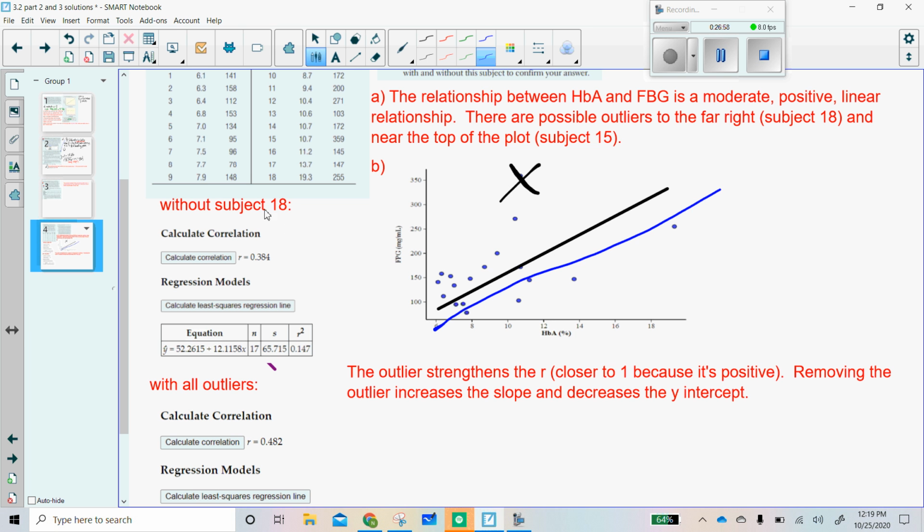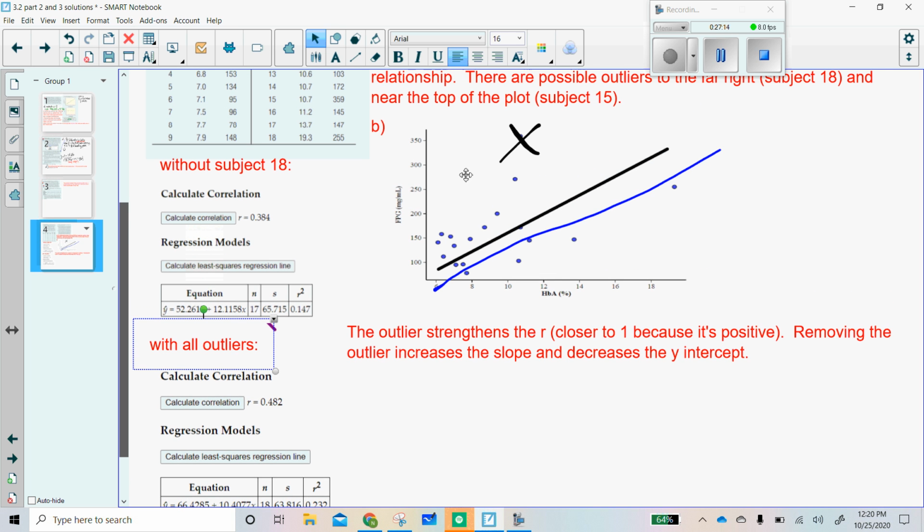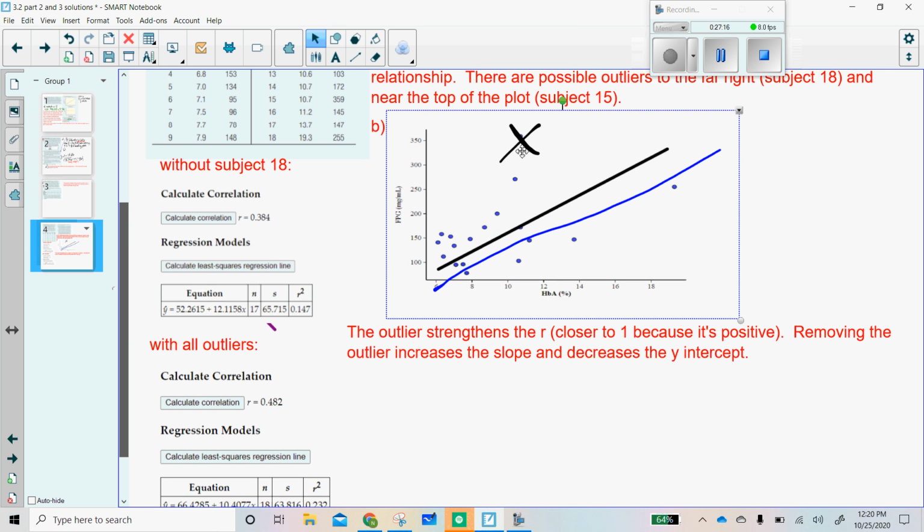So the correlation, remember, this is down here with all the outliers, this one right here, this is the least squared regression line and the R value when all the outliers are in it. So right now it's 0.48. I'm imagining that taking this away is going to make R stronger, because this is so far out of the pattern.